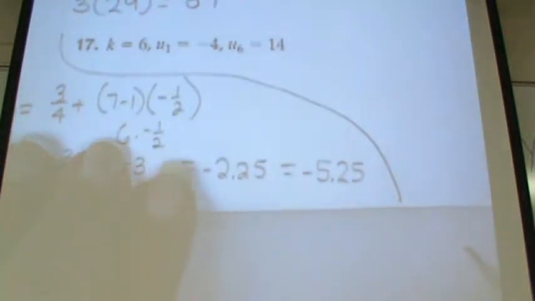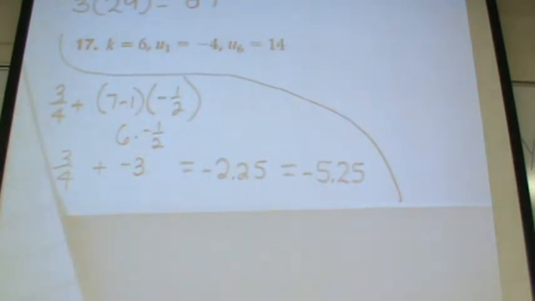The next one. This one you are given, the k value is 6, so k over 2 times the first term. Oh, and this one they give you the sixth term, so this should be easy to do.